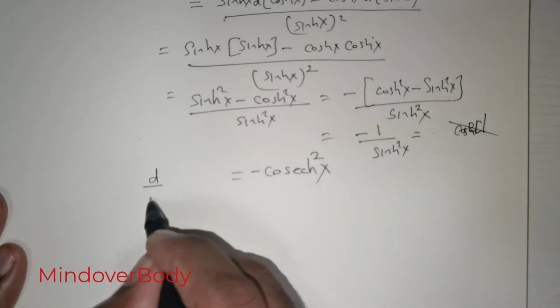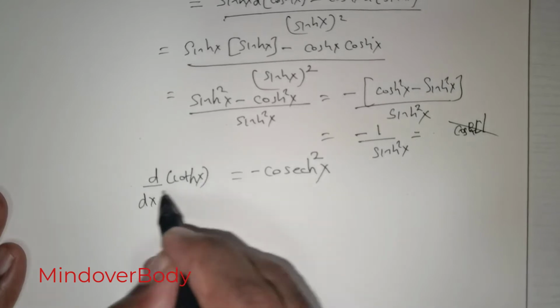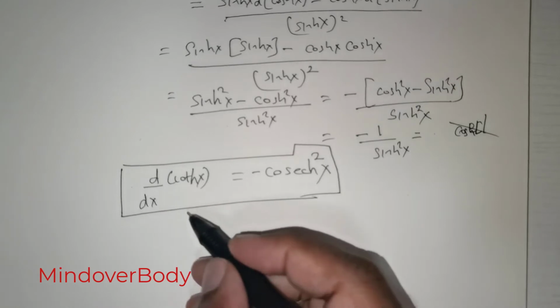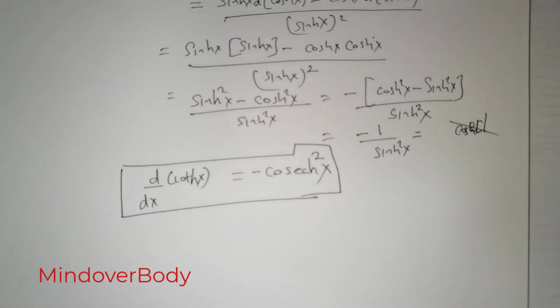So what is this? This is nothing but the differentiation of coth x. So it's a very important result. So what have we studied? The differential of hyperbolic cot gives us negative hyperbolic cosecant squared x.